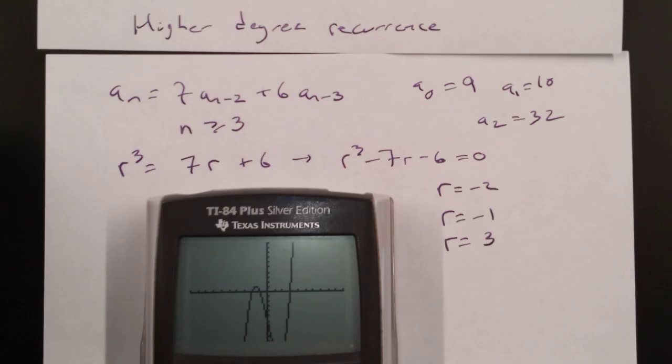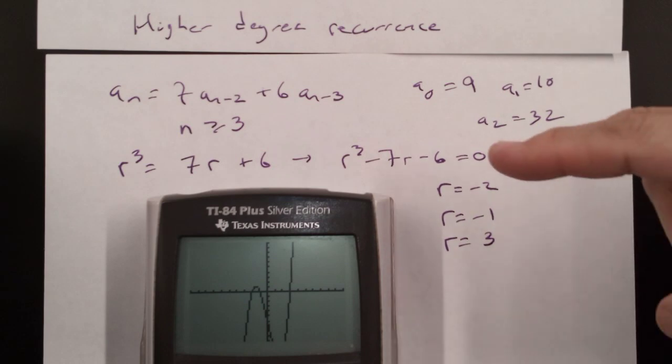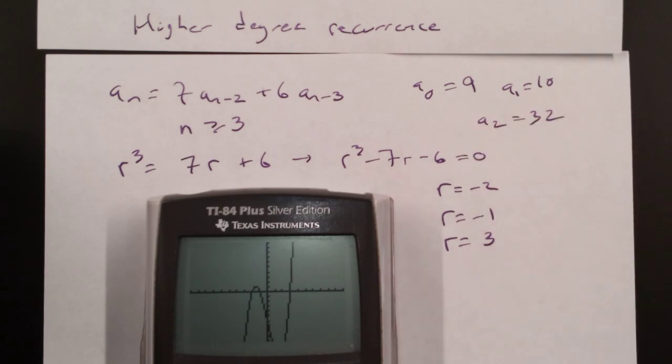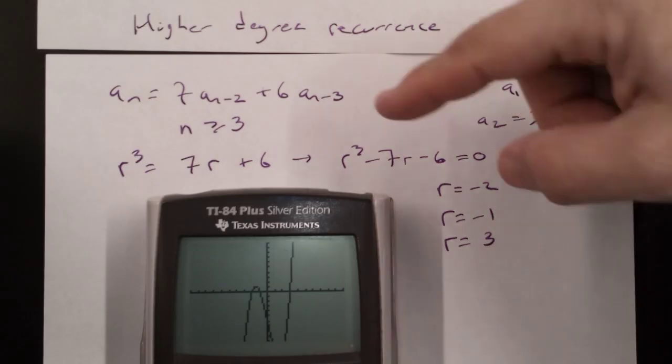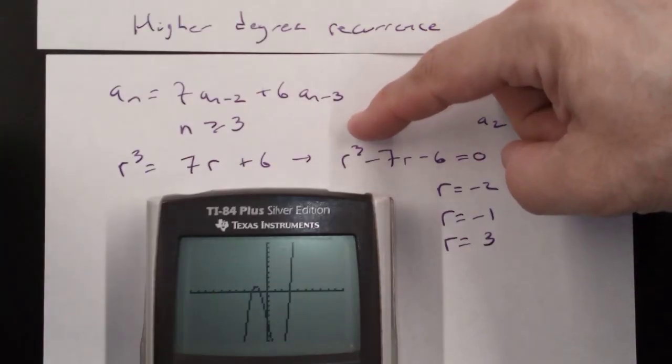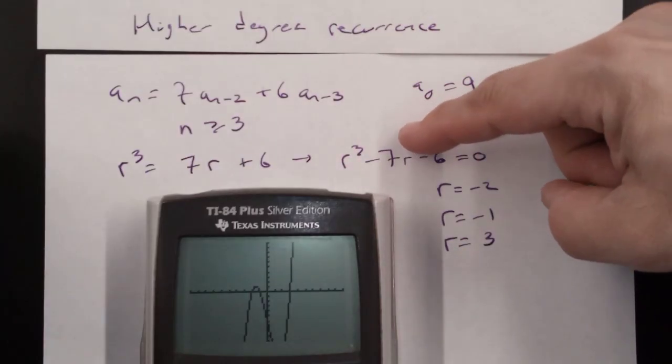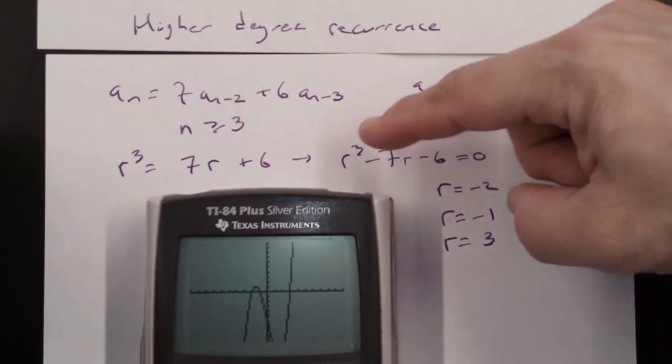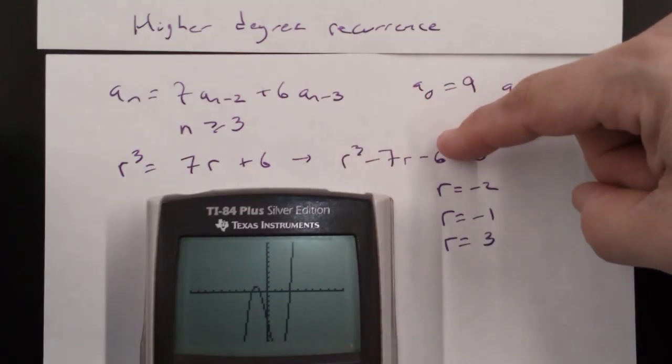Now you could do that algebraically, because if you go back up here and you look, you'll notice that when you put in -1, -1 cubed is -1. -1 times -7 is +7. So I have -1 plus 7 minus 6.